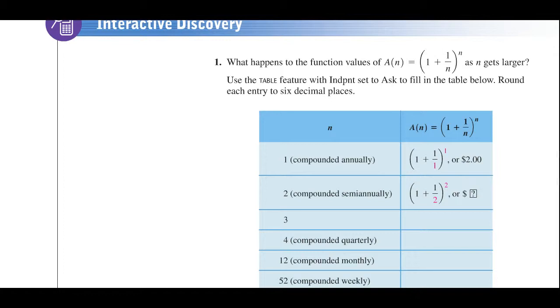Well, this then becomes 1.5. As you add these two together, you can convert this to a decimal fraction, 0.5, and then you're going to square that. Well, this becomes 2.25.